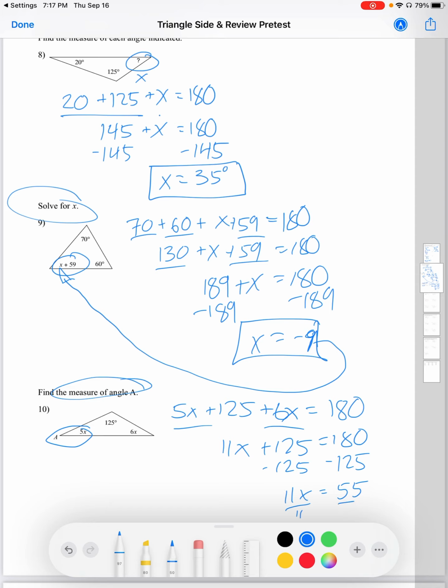Opposite operation, divide by 11, we get x is 5. Now, they're not asking for x. They want the angle. So 5 has to plug in to x. So angle A equals 5 times 5, 25 degrees.